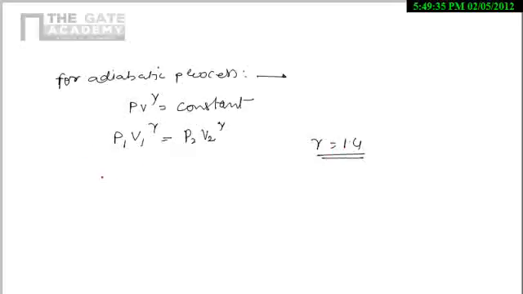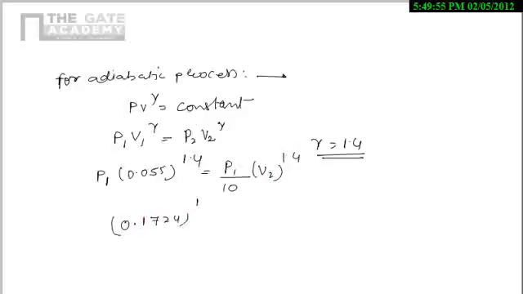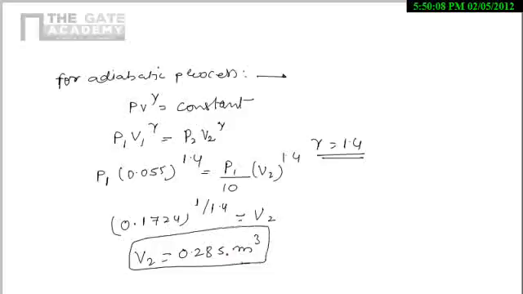So I can write P1, V1 we already calculated 0.055, gamma 1.4. P2 is nothing but P1 by 10 and V2 to the power 1.4. So now if we solve it, we are having 0.1724 to the power 1 upon 1.4 equals V2. So V2 will be 0.25 meter cube. So the correct answer, the volume at the end of the expansion, will be 0.25.